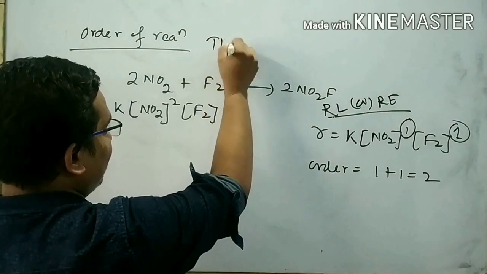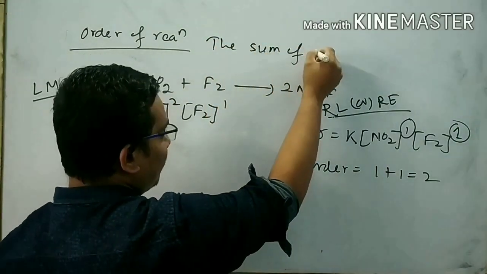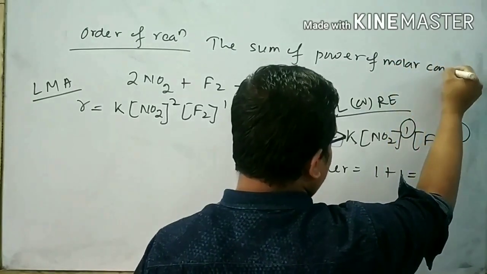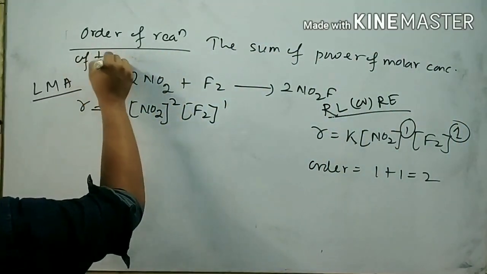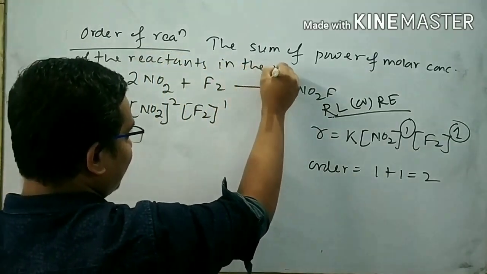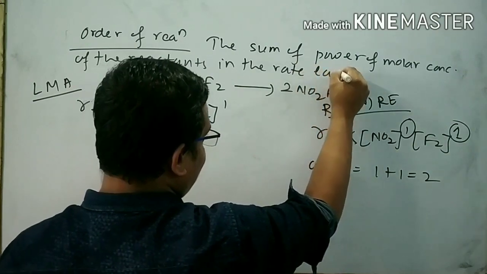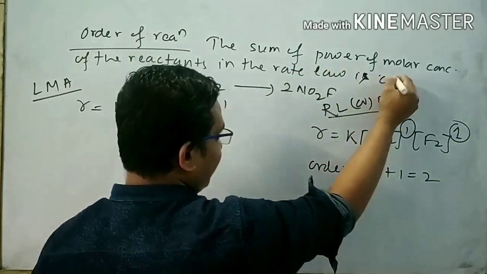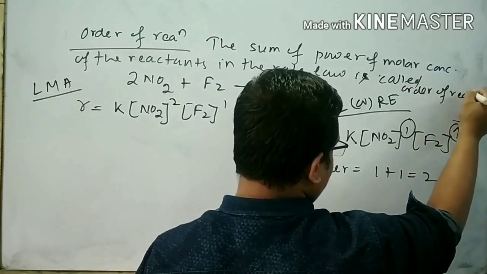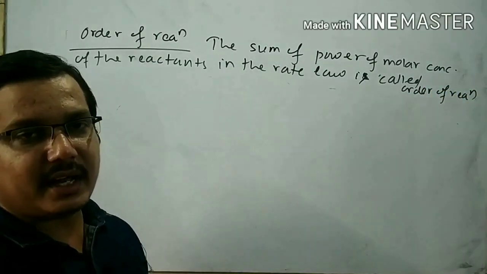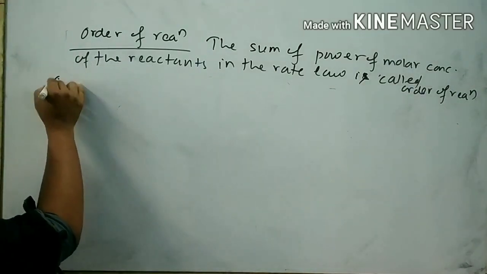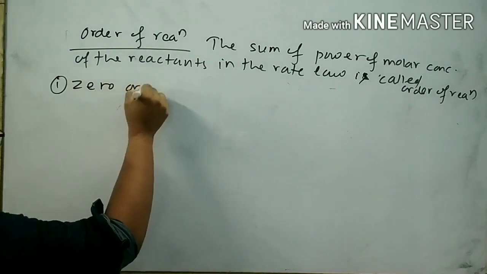So we can write: the sum of powers of molar concentration of the reactants in the rate law is called the order of reaction. There are different types of order of reaction. At first I will explain the zero order reaction.